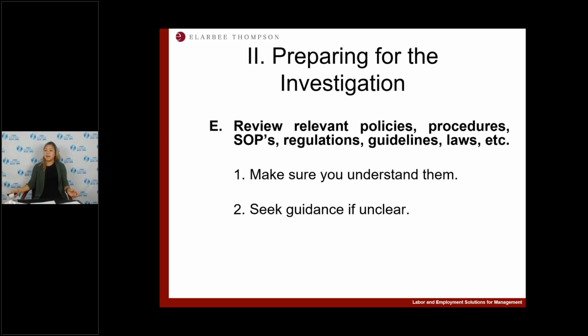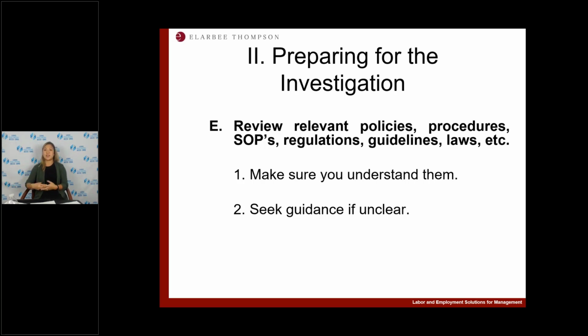All right. Now, this goes back to choosing your appropriate investigator. The investigator needs to be familiar with the policy, procedures, and standard operating procedures, because if they're not, someone could allege something that could sound inappropriate, but it turns out under the policies of this department, that is appropriate.